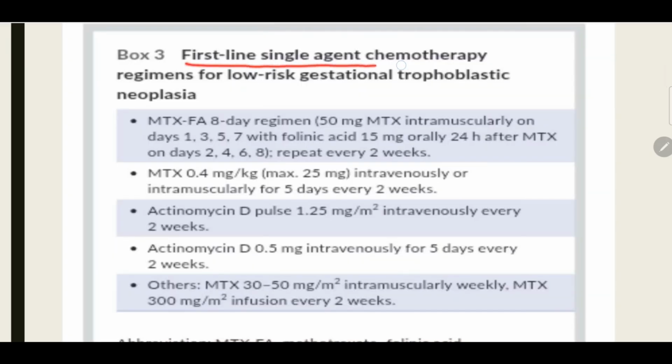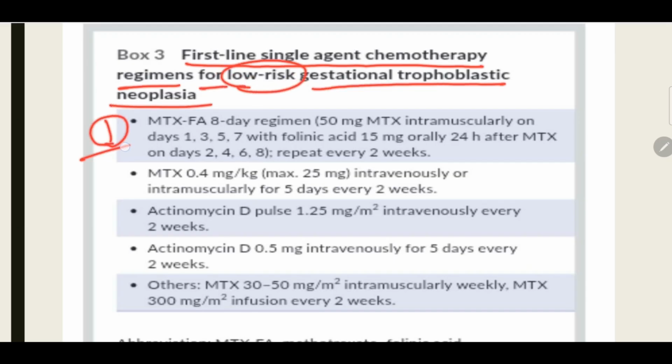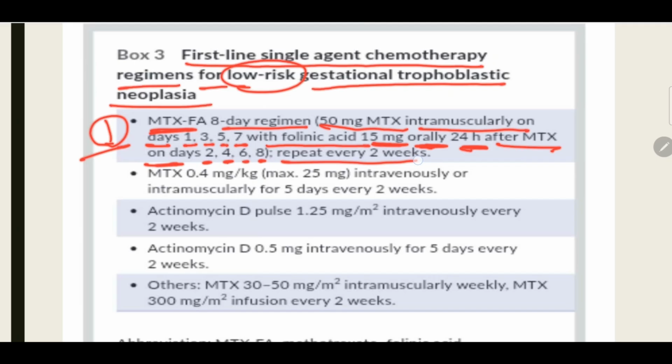First line single agent chemotherapy regimens for low risk GTN. So one regimen is the methotrexate folic acid 8-day regimen. 50 mg of methotrexate intramuscularly on days 1, 3, 5, 7, alternating with folic acid 15 mg orally tablet 24 hours after methotrexate on days 2, 4, 6, 8, and repeat every 2 weeks.